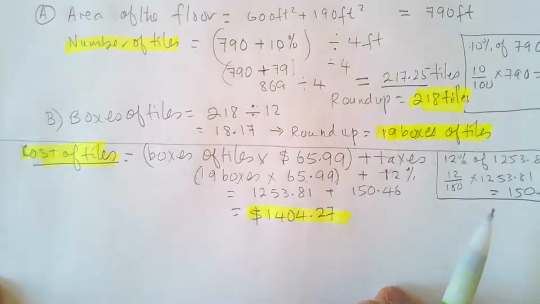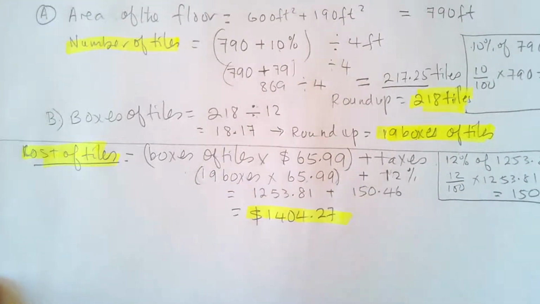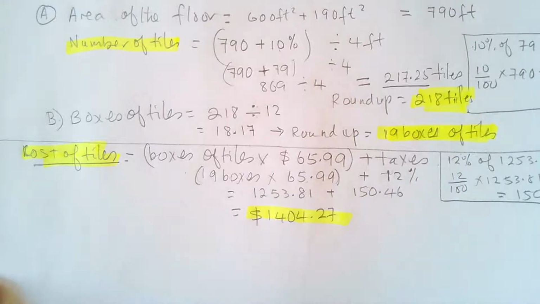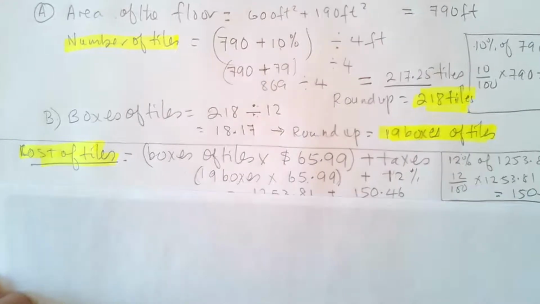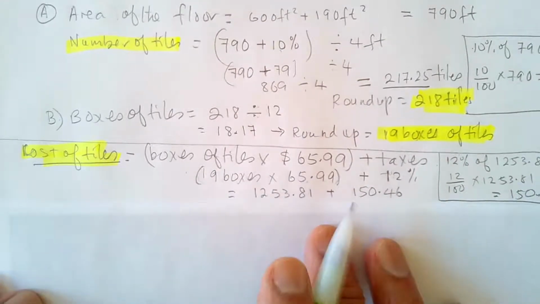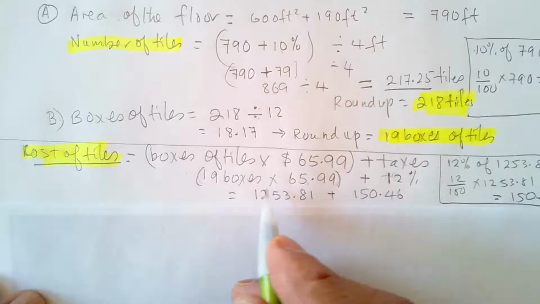Now, as I mentioned, the shortcut to this is that I'll show you on a different sheet of paper. Let's say I wanted to find only the 12% tax here.